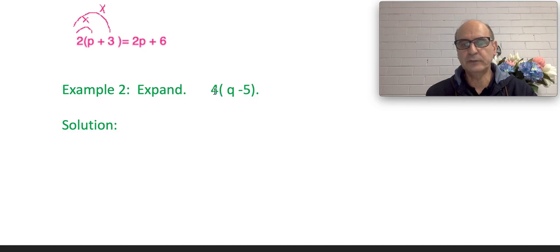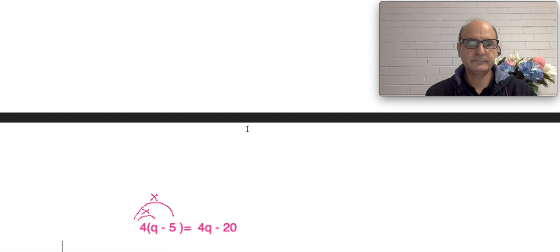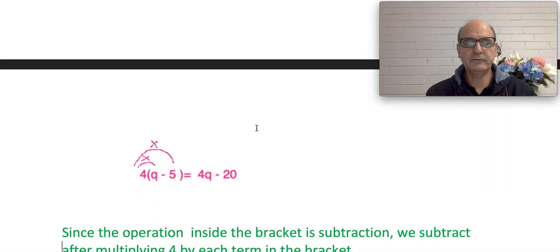So that's going to be 4q, then minus 20, because 4 times 5 is 20. Here we've shown it in a graphical way. So 4 times q is 4q, minus 4 times 5 is 20, so 4q minus 20.